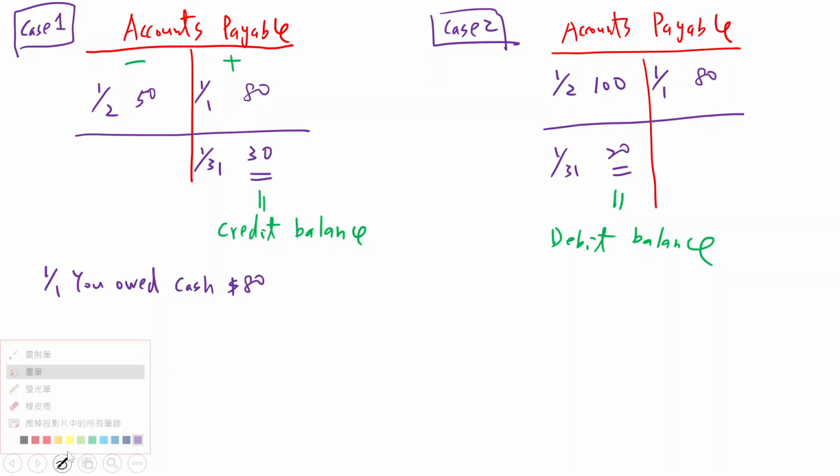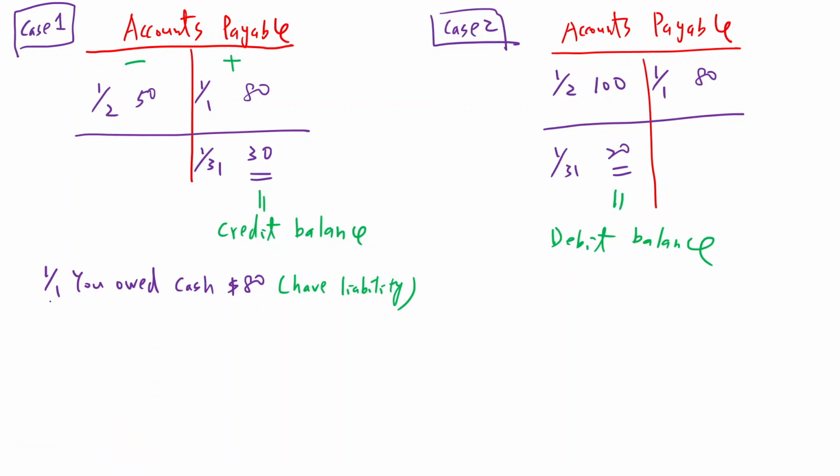$80. So it means you have the liability. Okay. Next day, you pay the cash, right? So you pay the money back, $50 back. Which means your liability decreases.